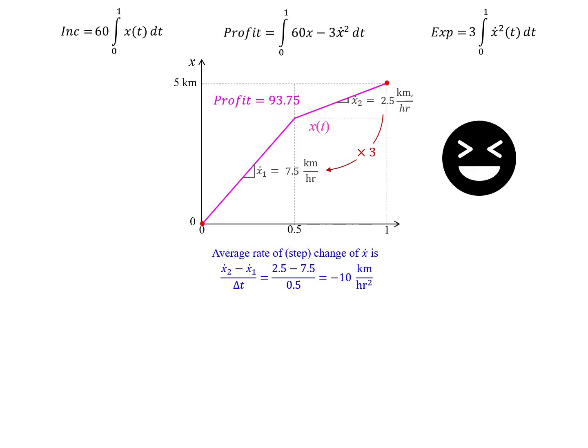You can see that the average rate of change of x dot is negative 10 kilometers per hour squared. If you recall that negative 10 kilometers per hour squared is also the acceleration in the case of the highest profit possible. Is this by chance or is there a pattern? Well, let's find out.